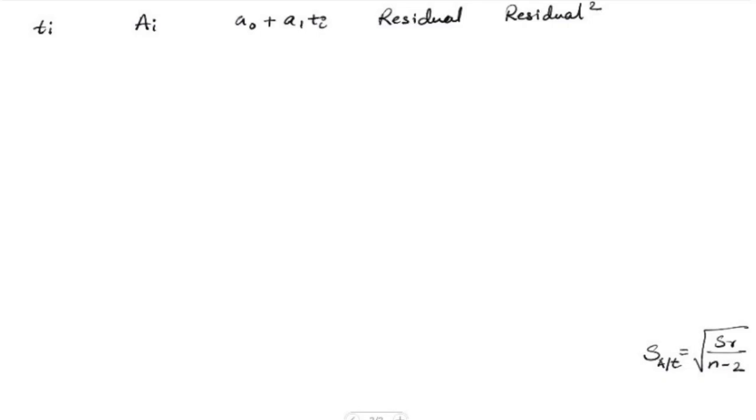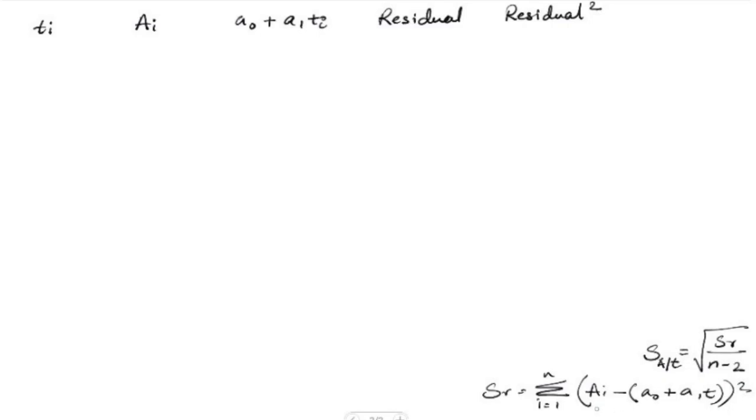And then for S_r, to find it out, we have to take the summation of i equal to 1 till n, and then we will take our ai minus, we will subtract the a0 plus a1 times ti and square that.